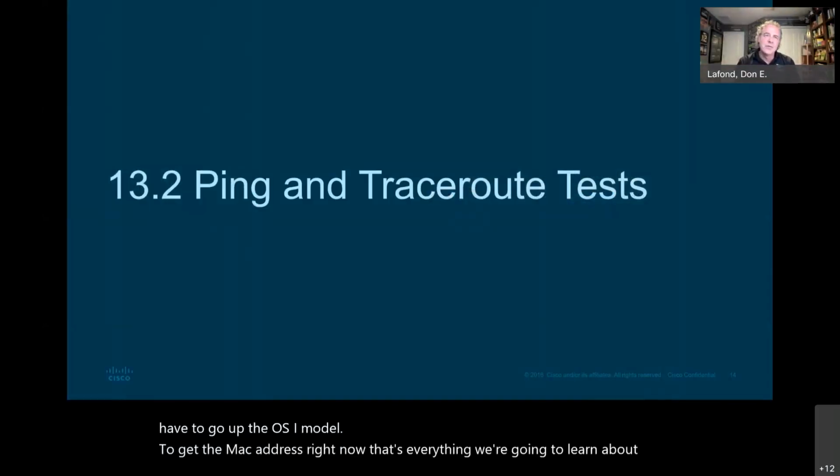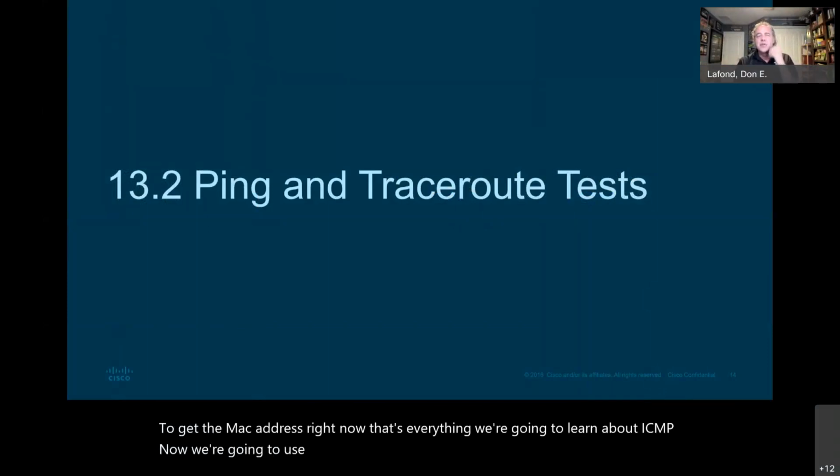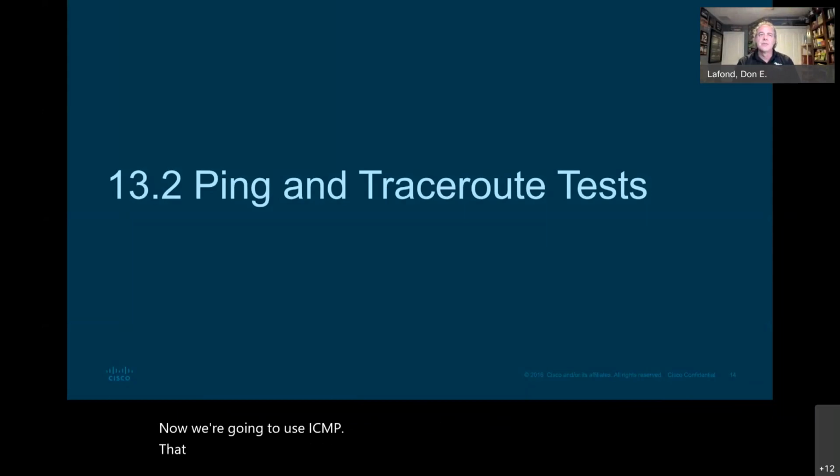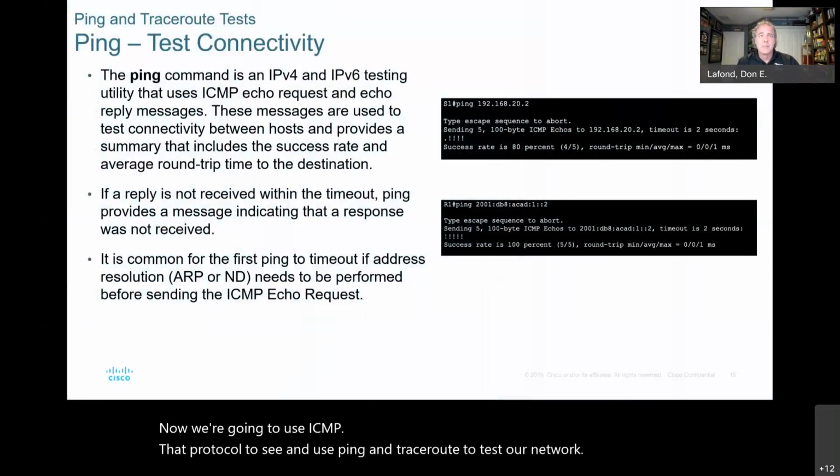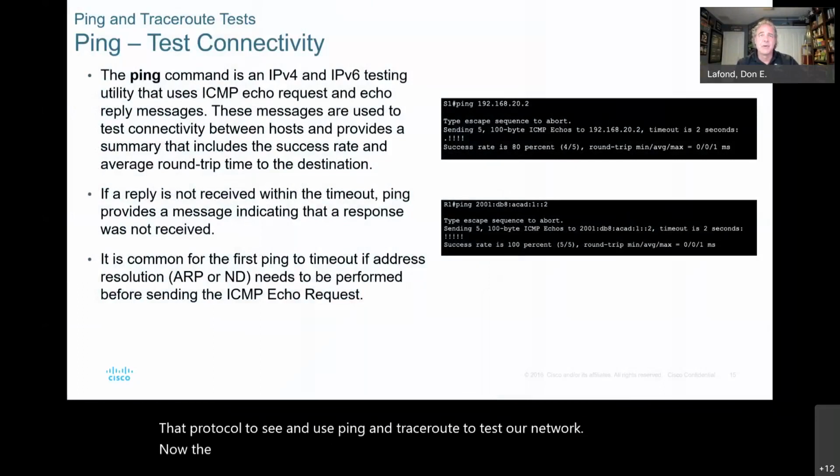Now we're going to use the ICMP protocol to see and use ping and traceroute to test our network. The ping command is an IPv4 and IPv6 testing utility that uses ICMP echo request and echo reply messages, what we were just talking about a few minutes ago.